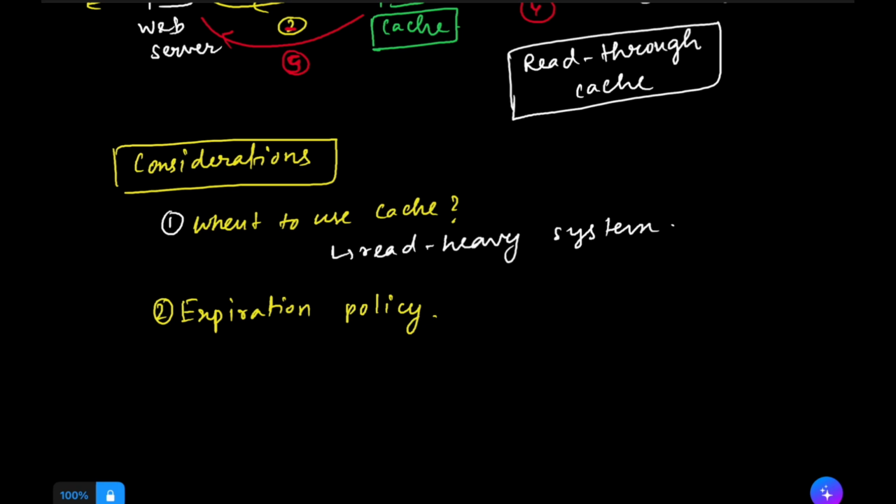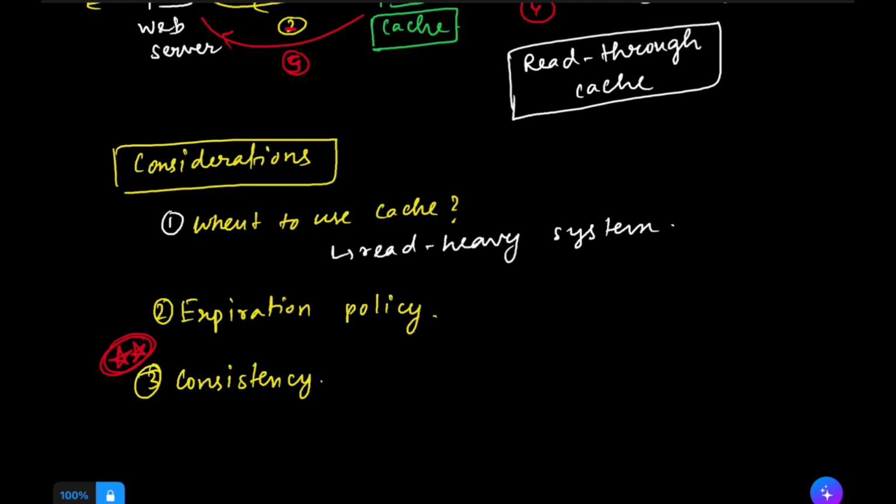Third, another important thing you need to take care of is consistency. What might happen is that for a particular requested data, that data is already present in the cache, and we perform an update operation on that data, which is updated in the database but has not yet been updated in the cache.